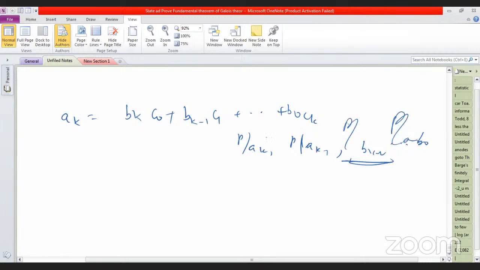So therefore p divides bk c0. So therefore p divides c0 and p divides bk is a contradiction. What is the meaning of contradiction? What is the meaning of p divides a0 and p divides bk?